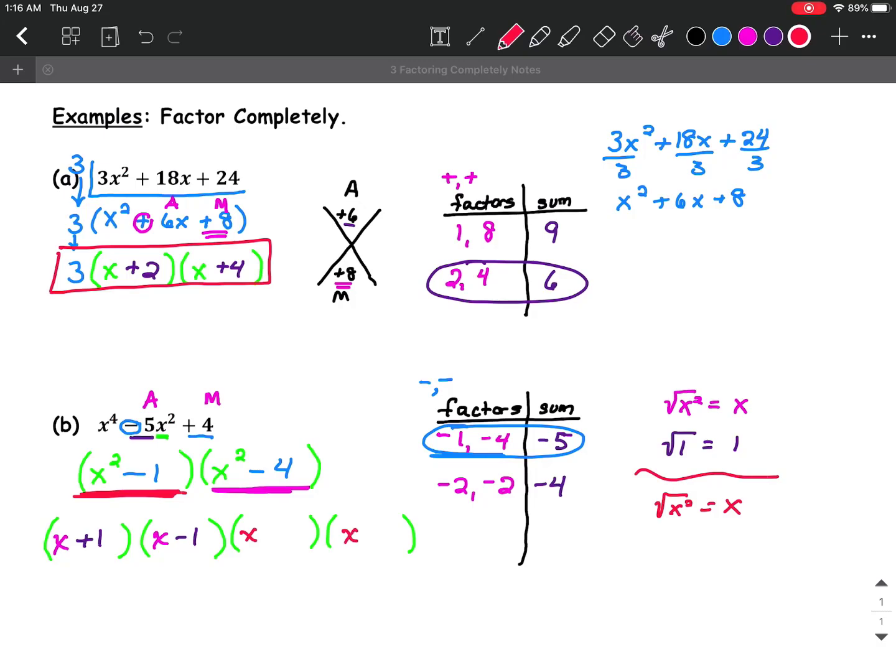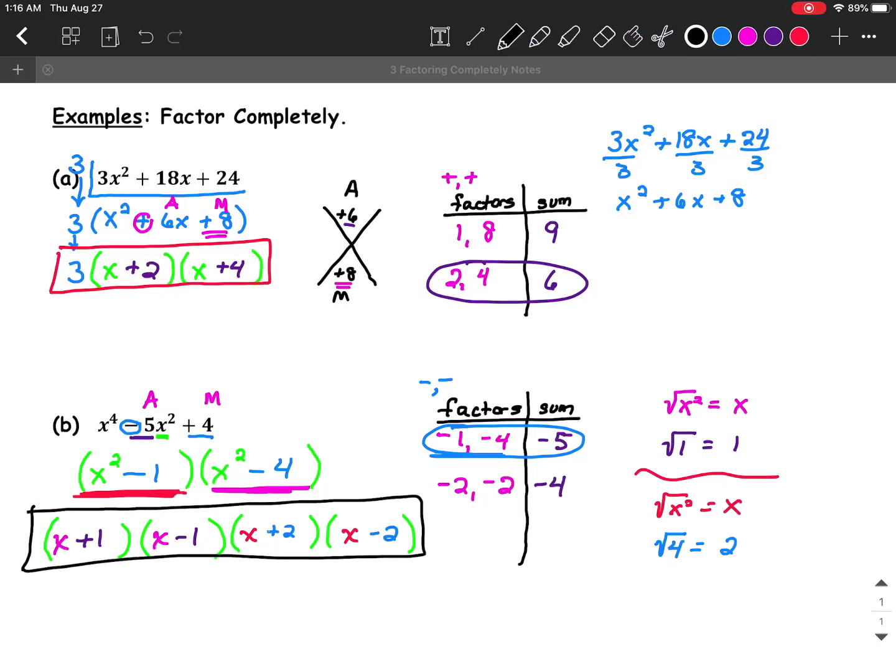But now in the second part, we're looking at the square root of 4, which is 2, because 2 times 2 is 4. So we're going to put a +2 and a -2. And guess what? We now have completely factored. The quantity x plus 1 times the quantity x minus 1 times the quantity x plus 2 times the quantity x minus 2. We have 4 factors.